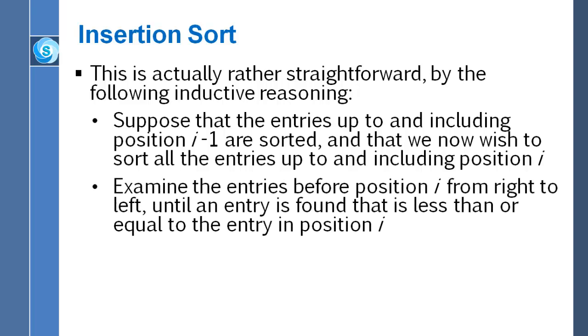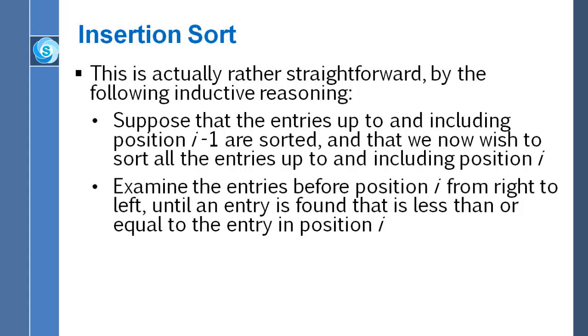Okay? Well, the trick now is that we want to get everything up to and including position I sorted. So the trick is to look at the positions before I, but examine them from right to left. In other words, first look at position I minus 1, and then position I minus 2, then I minus 3, and so forth.